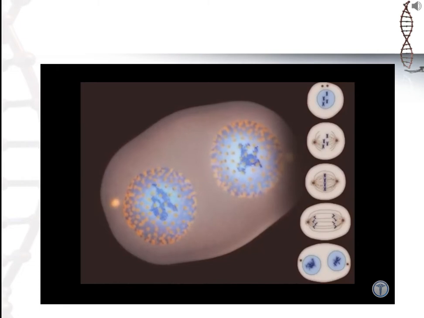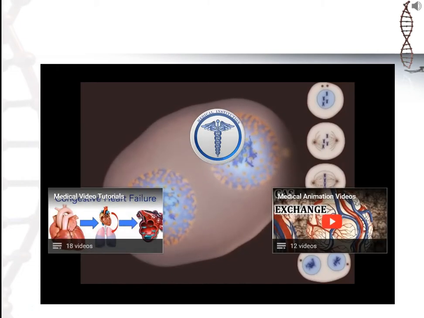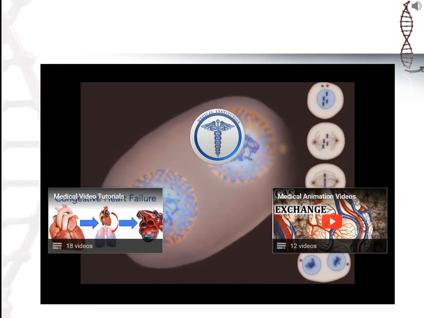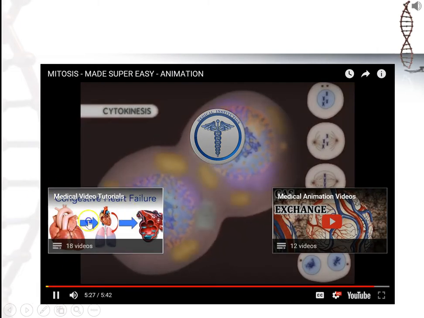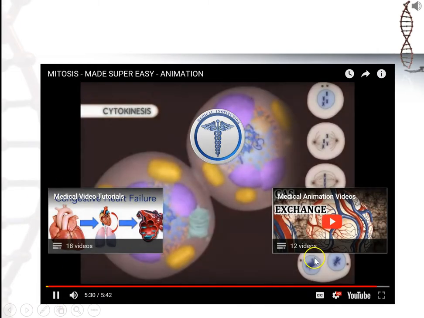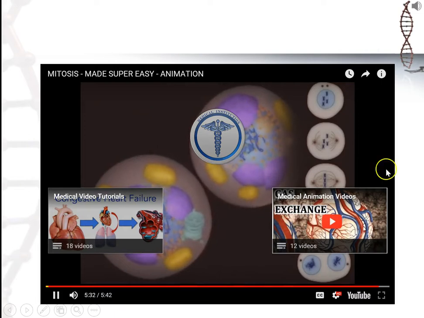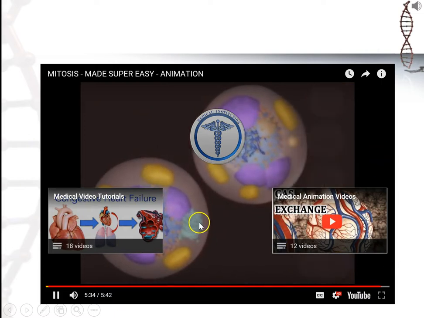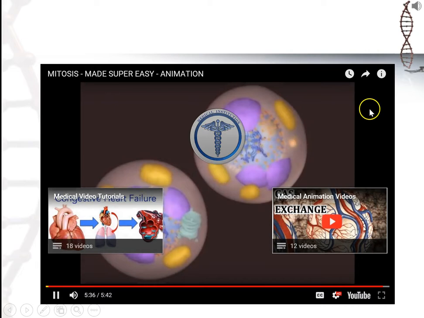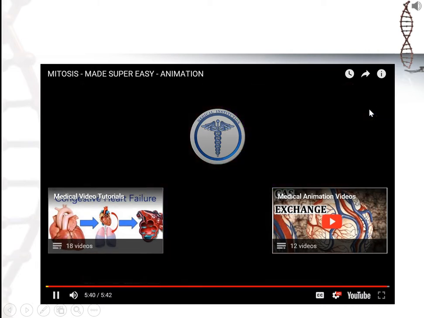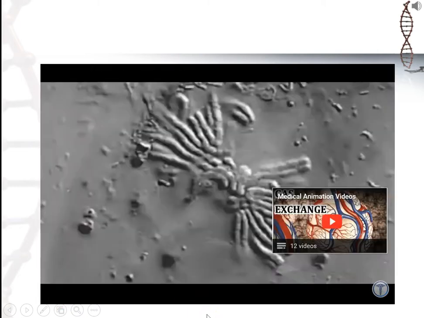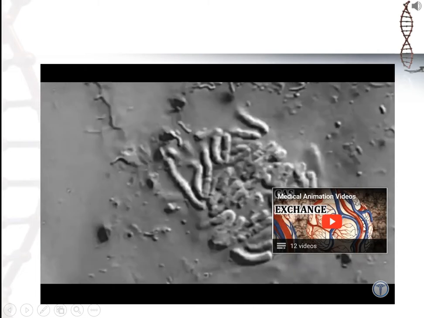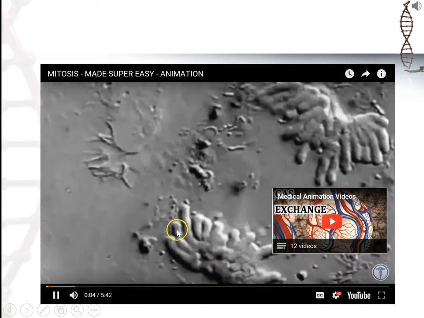This is the end of mitosis. Finally, the splitting of the cell occurs during cytokinesis. The 2 new cells are now ready to grow and perform their specialized functions.